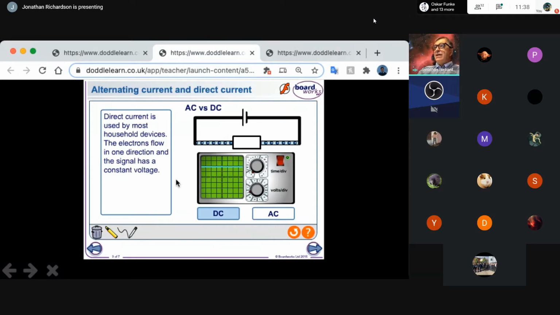And this voltage is measured as a constant value. So if I take a battery just here, 1.2, 1.5 volts, that voltage stays constant. Of course, over time, it will slowly disappear, but it does remain constant.